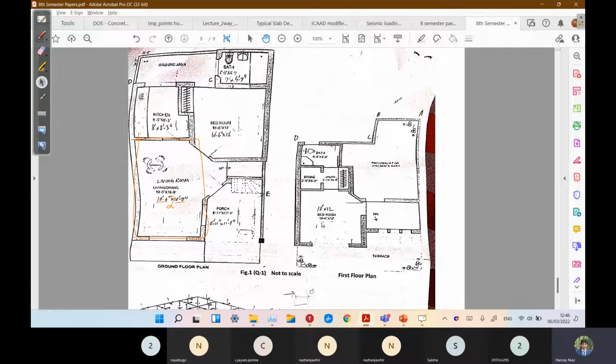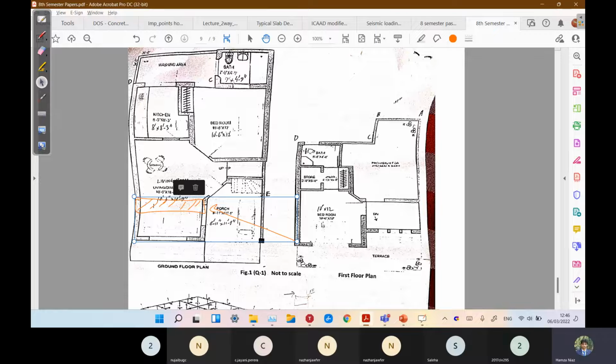We have to divide it into two or more parts, like we are providing a beam here. In this case, naturally, due to these walls, we are going to divide this slab. But even if there were no walls on top, we would require a beam here because we cannot provide a very large slab that would require too much depth. So we must have a constant depth of slab in all the rooms of the house.